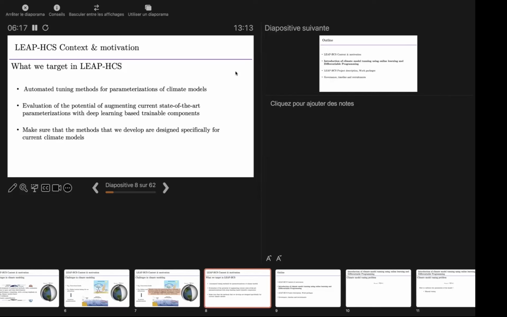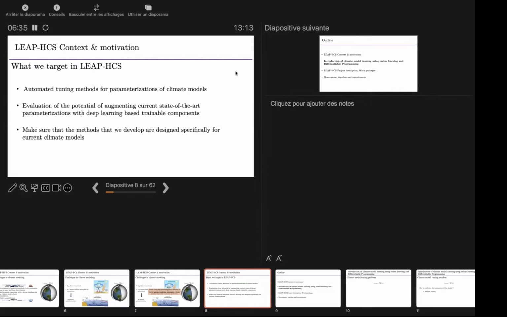And maybe one of the most important objectives of this project is to make sure that the tools that we develop are designed to be used on climate model components.